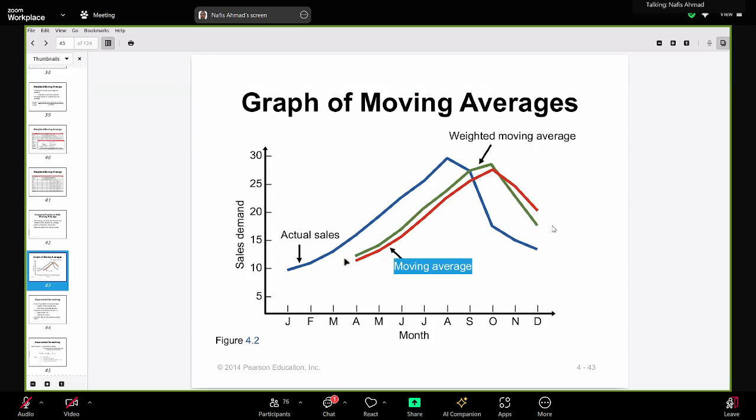If we use the moving average, it gives us a delayed result. If we use a 3-month moving average, it is delayed by 3 months. If we use a 2-month moving average, it will be delayed by 2 months from actual sales, right? But we can identify the change in trend by using moving averages.